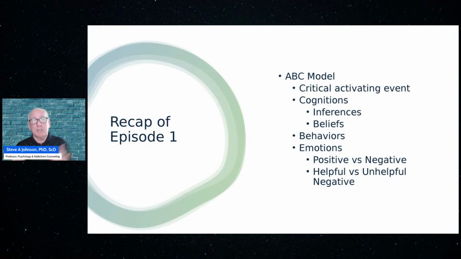When we look at emotions, we make some distinctions among emotions within this model. For example, positive emotions and negative emotions. Positive emotions are those emotions that we humans tend to like when we experience them: happiness, calmness, contentment, joy.